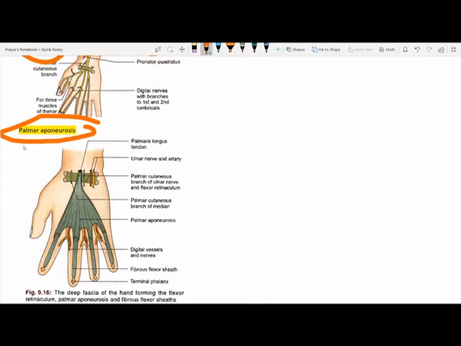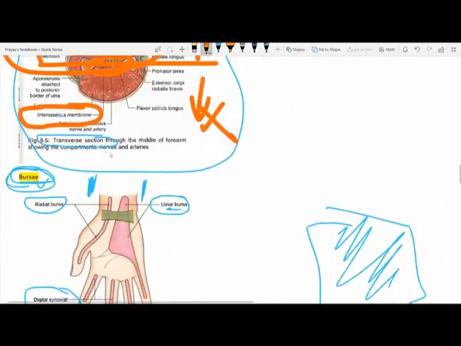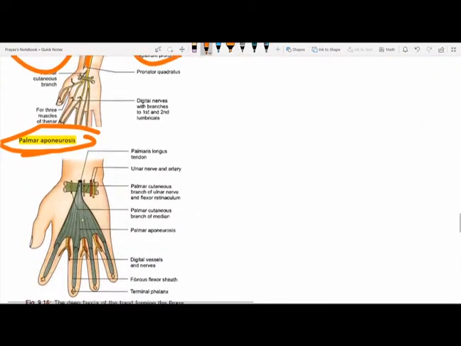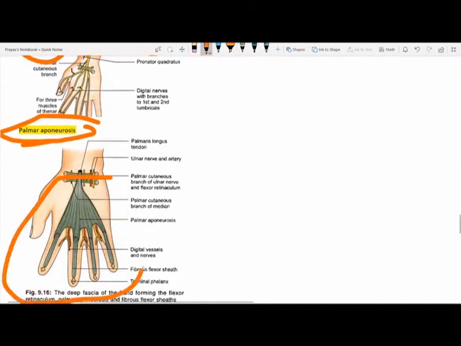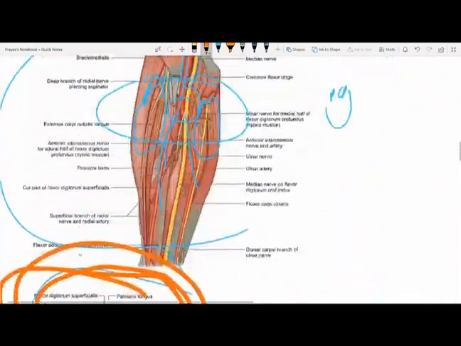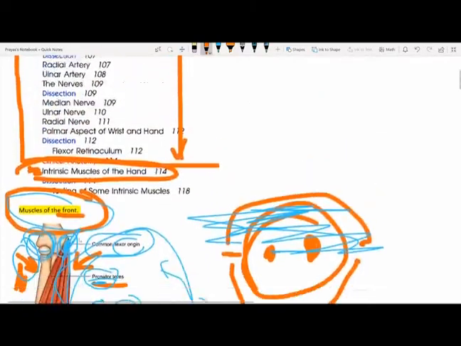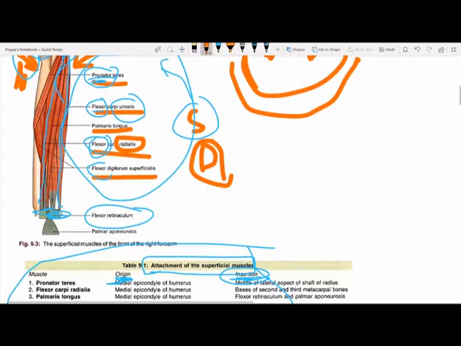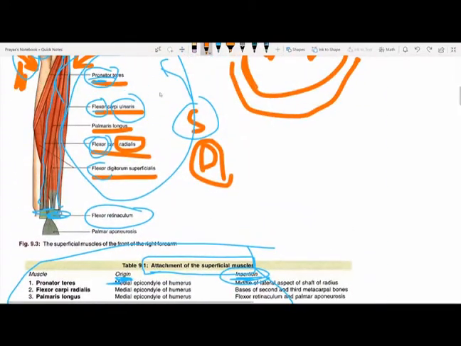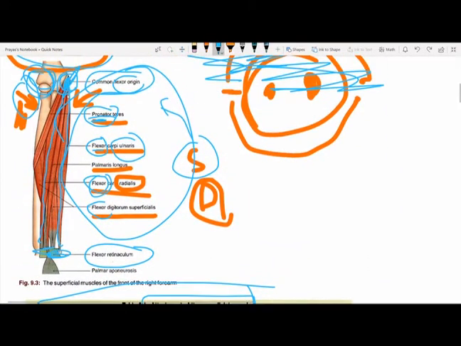The palmar aponeurosis is basically this triangular thing, this green thing here, and it is a part of one of these muscles, the palmaris longus muscle.